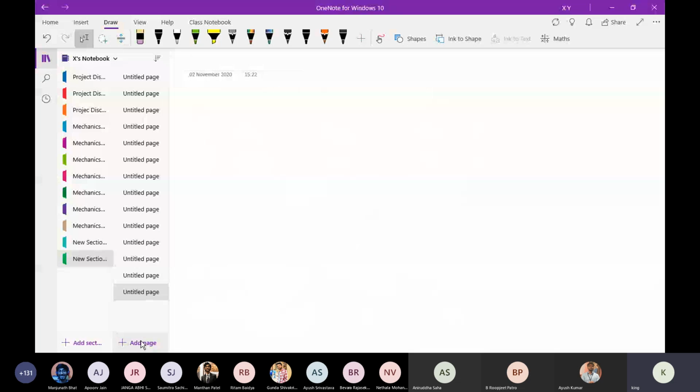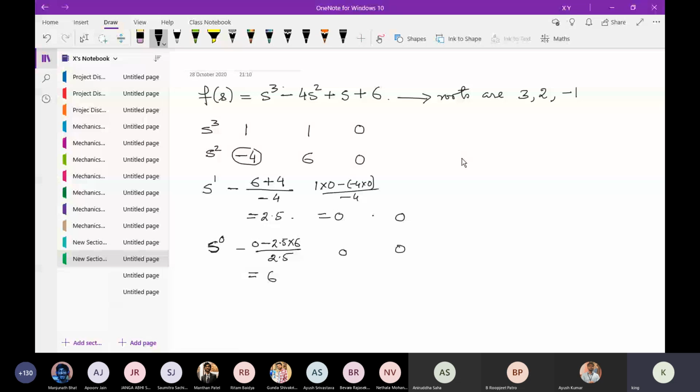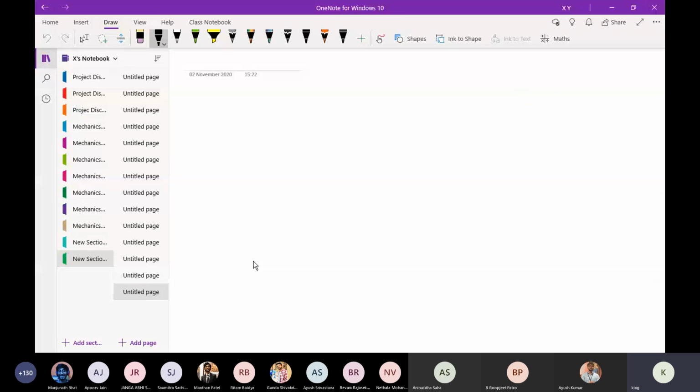So this is what I will term as the epsilon method, and now we will do the reciprocal.